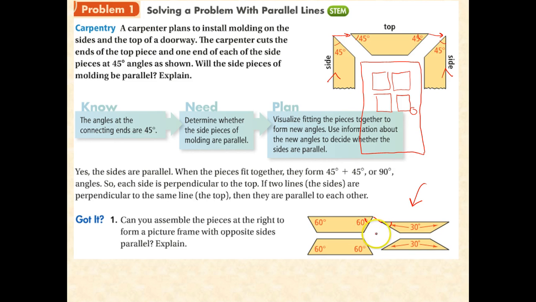That would be 90 degrees. And then if we take this point here and put it up there, we'd have a 30-degree angle plus a 60-degree angle. That's a 90-degree angle. And we'd have the same thing at the bottom. So yeah, same theorem we're using. We'll have two lines perpendicular to the same line, so these two would be parallel. And then the same thing would apply to these guys here.